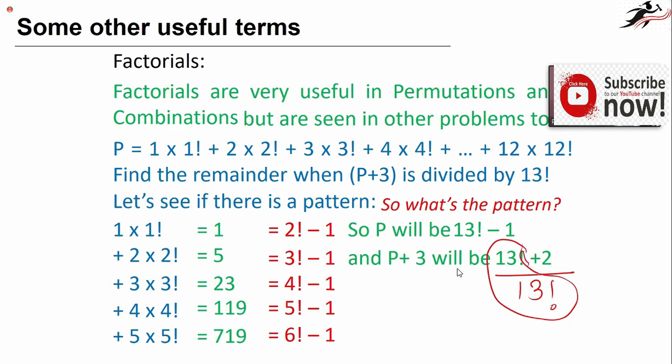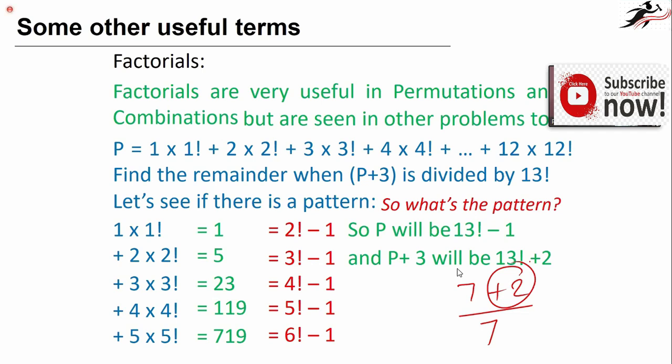So whatever is the remainder should be there in the second part. Example, let's not take factorial, let's take 7 plus 2. When I'm dividing it by 7, my remainder should be 2 only. Can I say? Right?